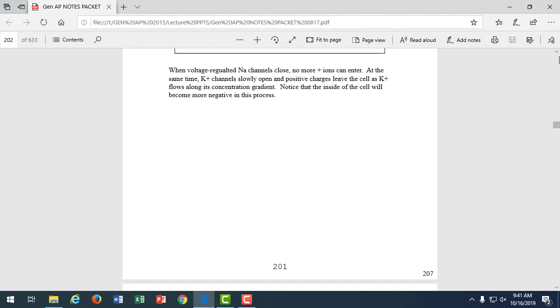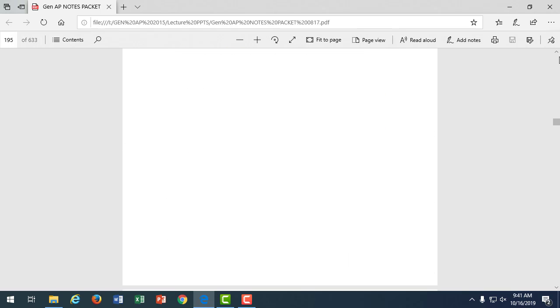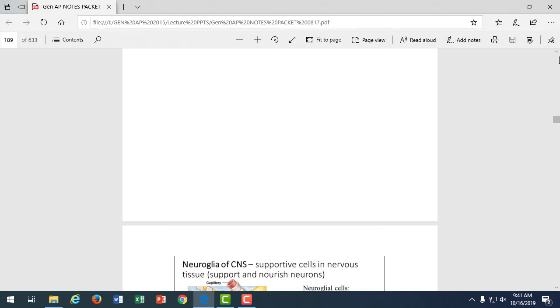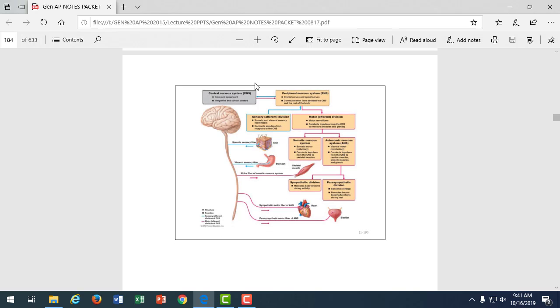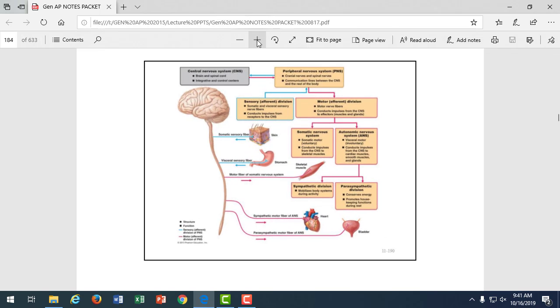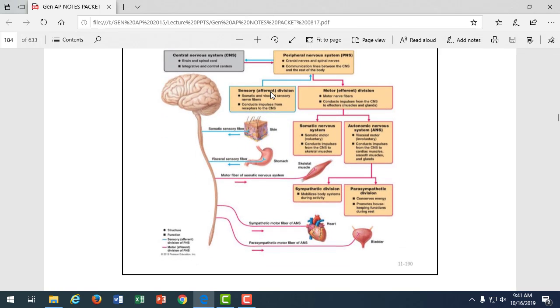It's way back in the beginning. Right here. So just kind of a generic overview is how we started the class. We had the central nervous system made up of the brain and spinal cord, and the peripheral nervous system was the cranial and spinal nerves.